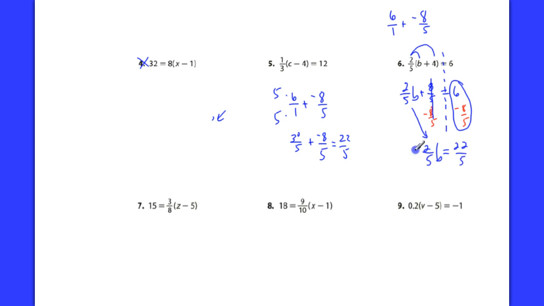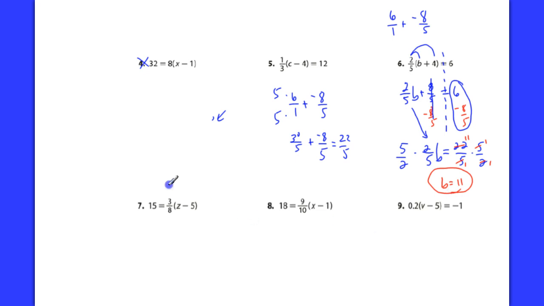To solve that, we multiply by the reciprocal, 5 over 2, to both sides. Those 5's cancel out to be 1, and 2 goes into 22 11 times. 11 times 1 is 11. B is equal to 11. So there's a nice fraction problem for us.